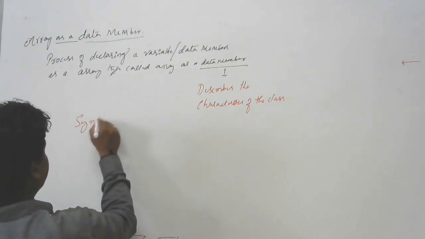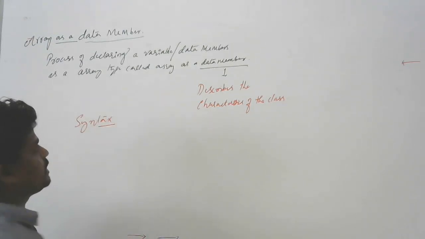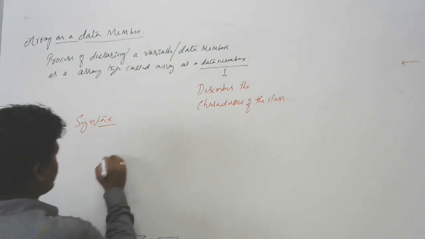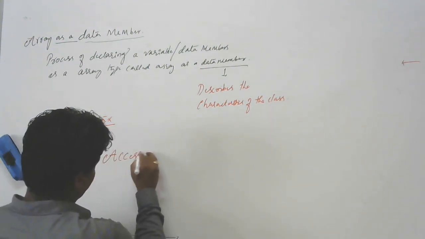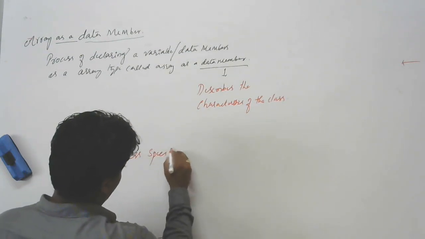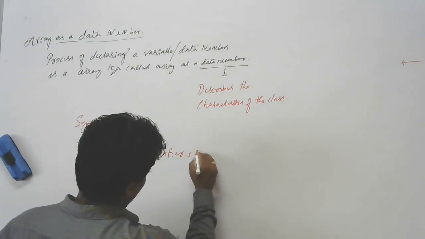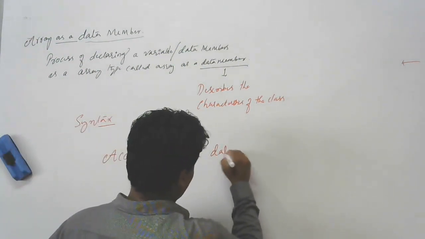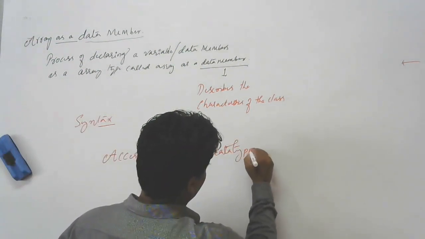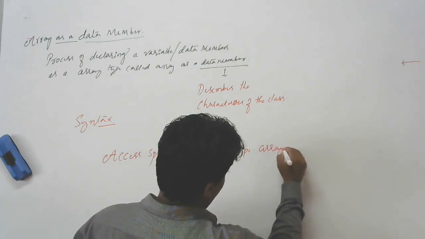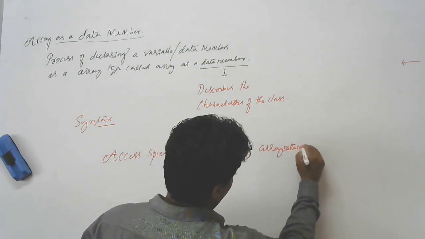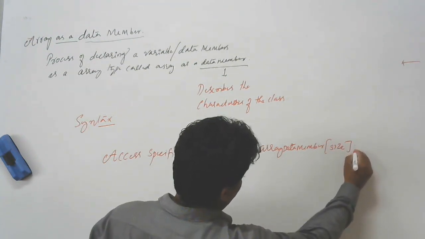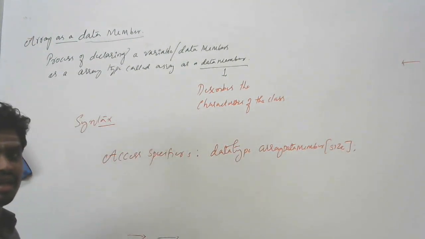Syntax to declare array as a data member: X specifier colon, then data type, array data member, size, semicolon.